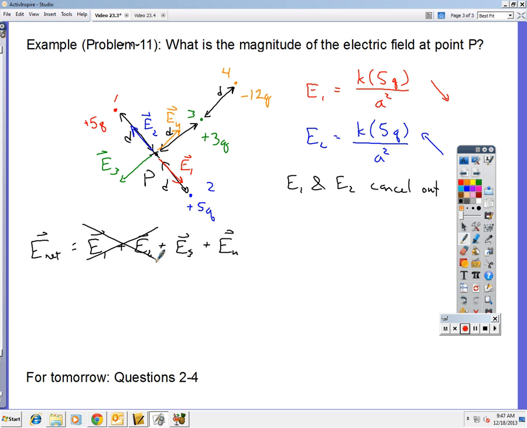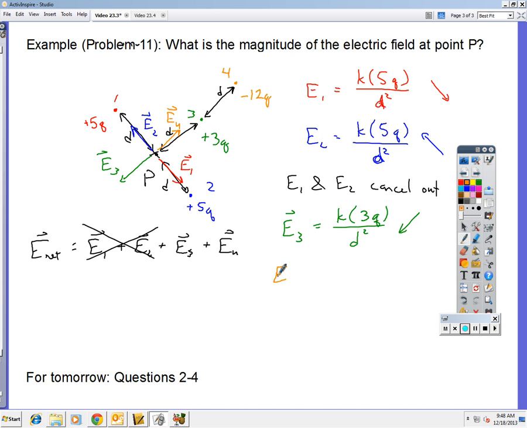Those two cancel out. So now let's look at E3. It's K times Q3, which is 3Q, divided by, I shouldn't be using a, I should be using d. Fortunately, a's are easy to turn into d's. So this is divided by d squared. And it points in that direction.